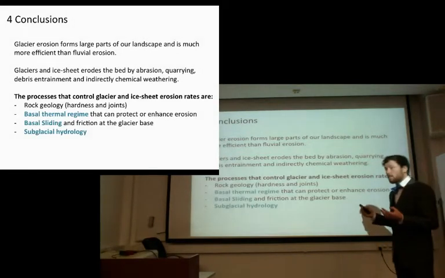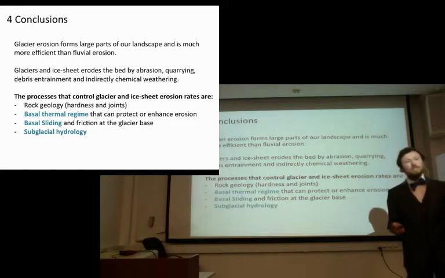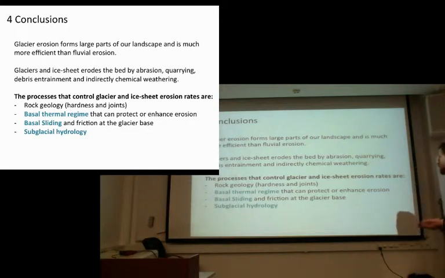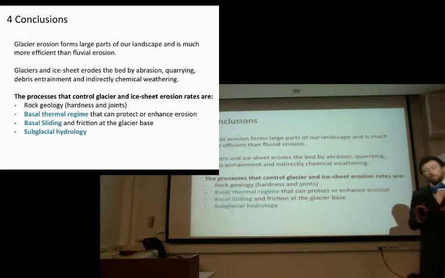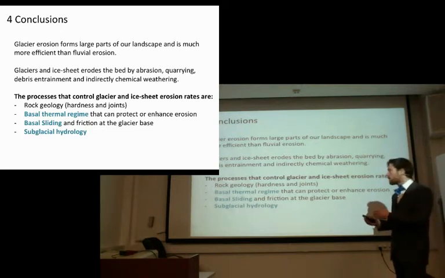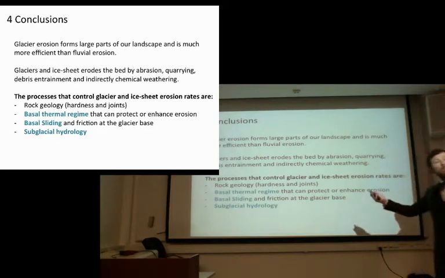And then, to answer the final question, what are the processes that control glacier and ice sheet erosion rates? I hope you've been able to see that rock geology is important, although I would say now that it's maybe not as important as the ice dynamics when you look at the overall landscape.